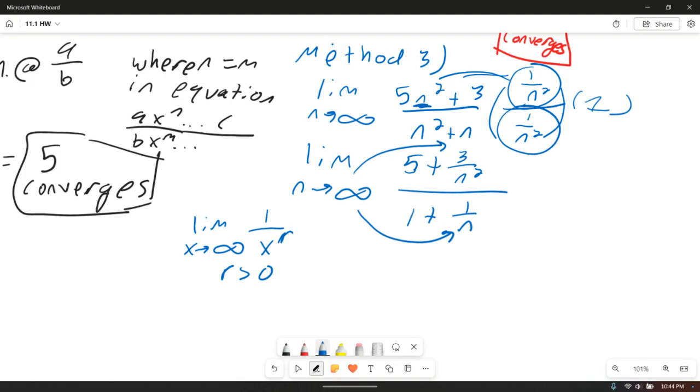If it's anything less than 0, you can treat this as x to the negative r, and since it's in the denominator, we could bring it up to the numerator. We would get the limit as x approaches infinity of x to the r, which is infinity.